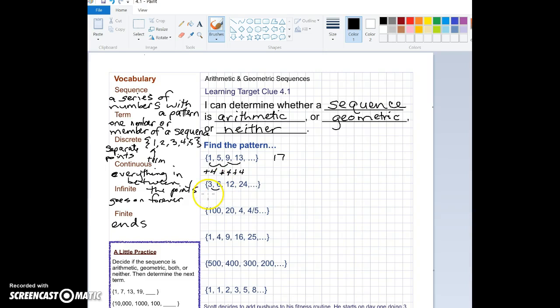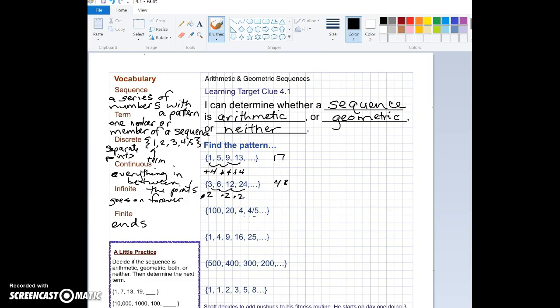I really multiplied by 2, didn't I? And to get from 12 to 24, I multiplied by 2. So I was doubling. So to get to the next term, what would that be? 48. That's right. Okay, let's look at this next one. 124 4/5.